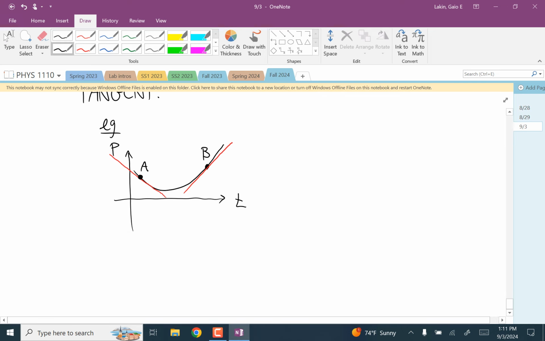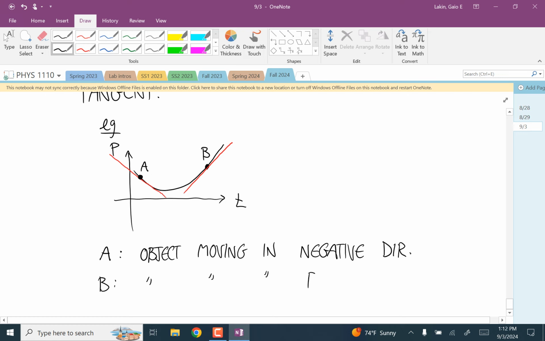So at instant A, it says that the object is moving in the negative direction. And at instant B, the object is moving in the positive direction.